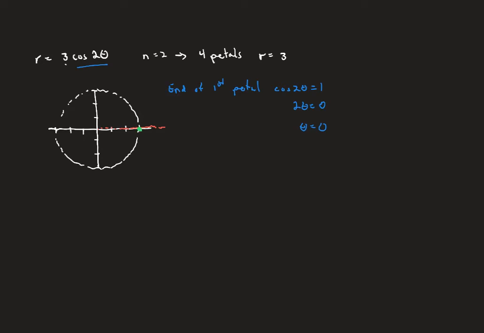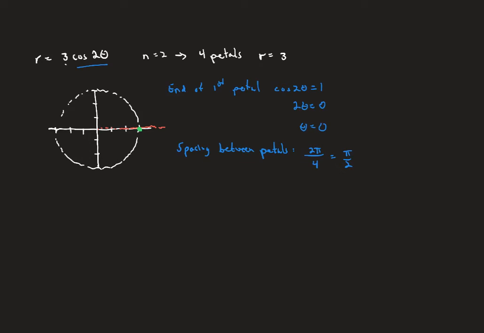So then we're going to find the spacing between petals, and to do that, we are going to take 2 pi, that's a full circle, and divide it by the number of petals, which in our case is 4, and if we reduce that, that's going to be pi over 2.